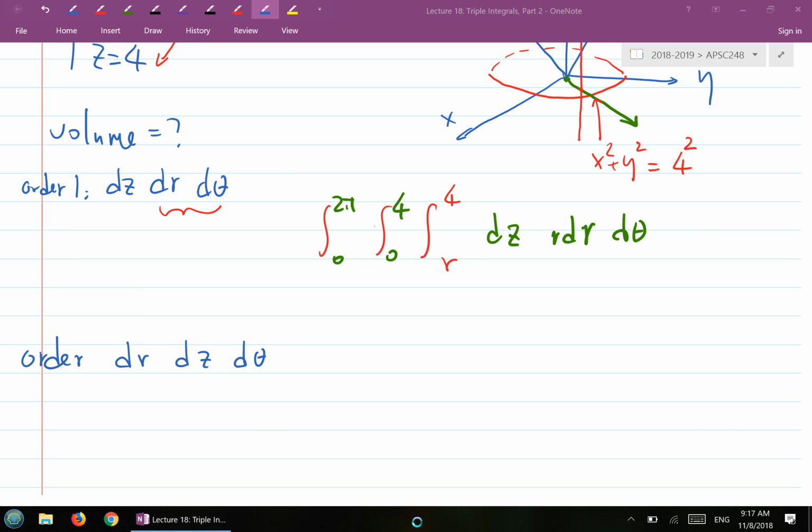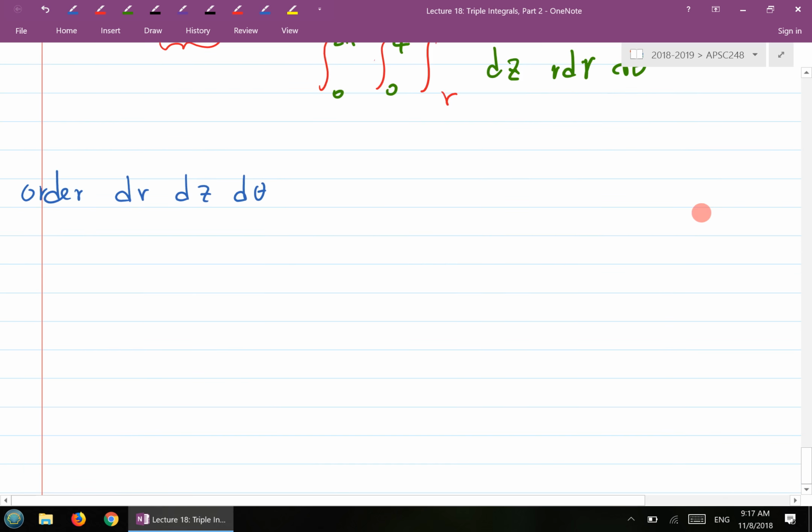First step, you scan in the r direction. The first step scan is sort of a general scan. Let me redraw it here. So for a general scan, I'm going to pick a point anywhere, along the z-axis direction. Now I'm going to scan through in the r-axis direction.